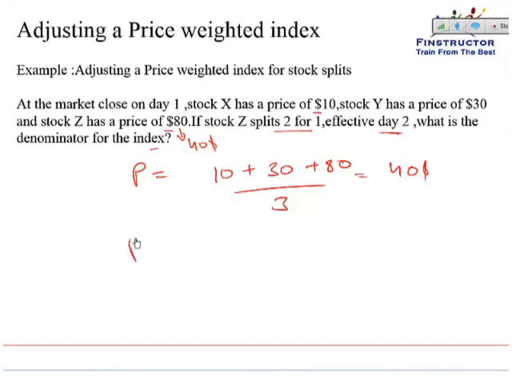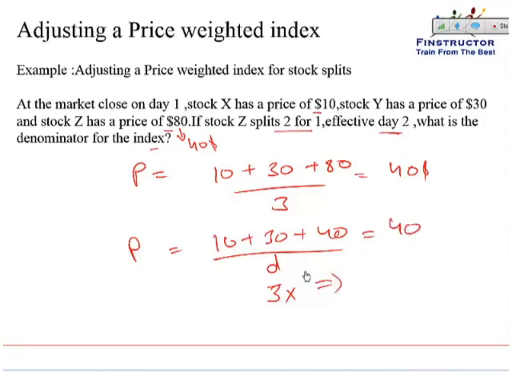So the new price of the index would otherwise have become 10 plus 30 plus 40 divided by 3. However, we will not divide by 3. The divisor in a price weighted index will change such that this division still remains 40.